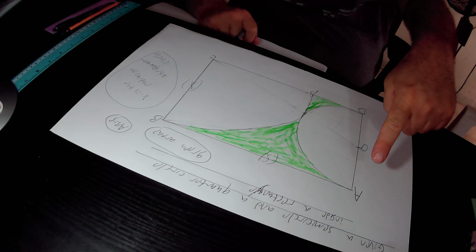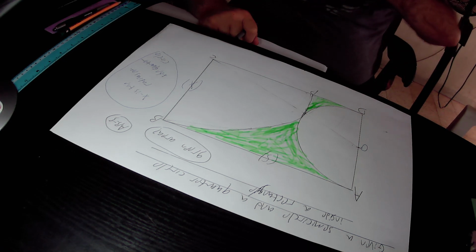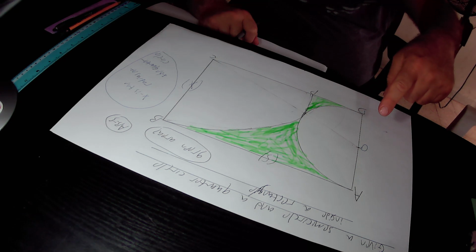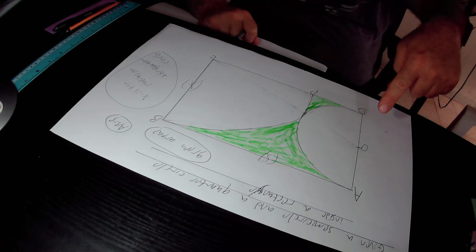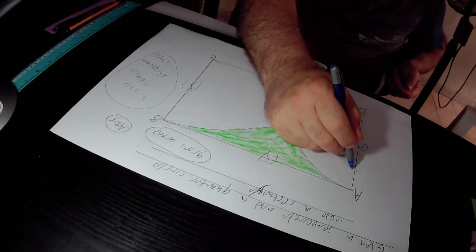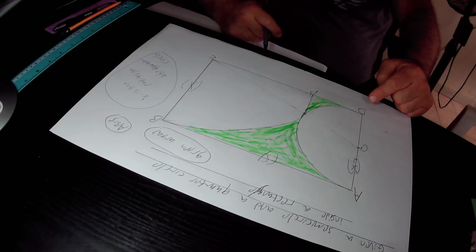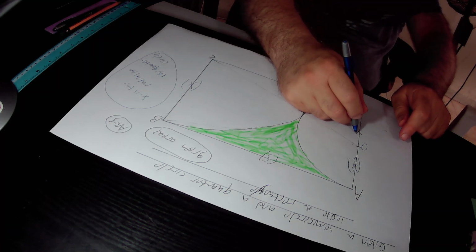So the diameter of the semicircle equals x, and therefore the radius must be equal to half of it. Therefore the radius of this semicircle equals x over 2. So OA is the radius of this semicircle, that is x over 2. And OD is also the radius of this semicircle, that equals x over 2 units in its length.